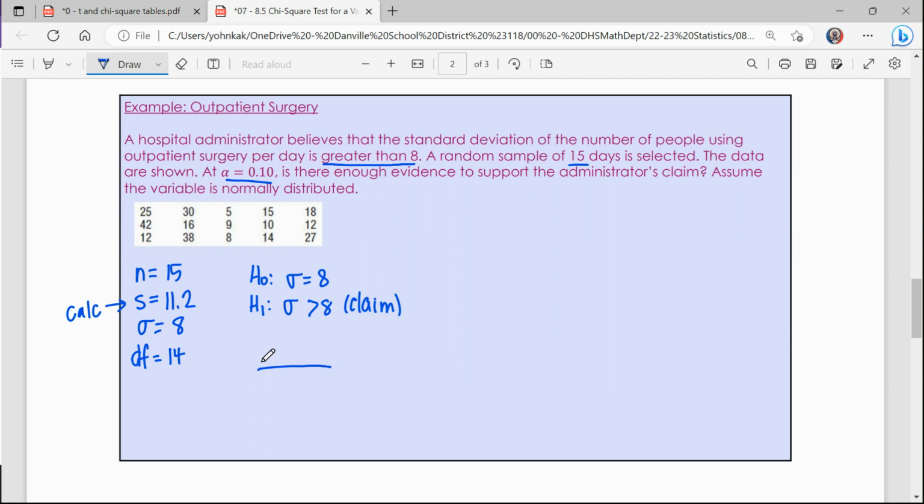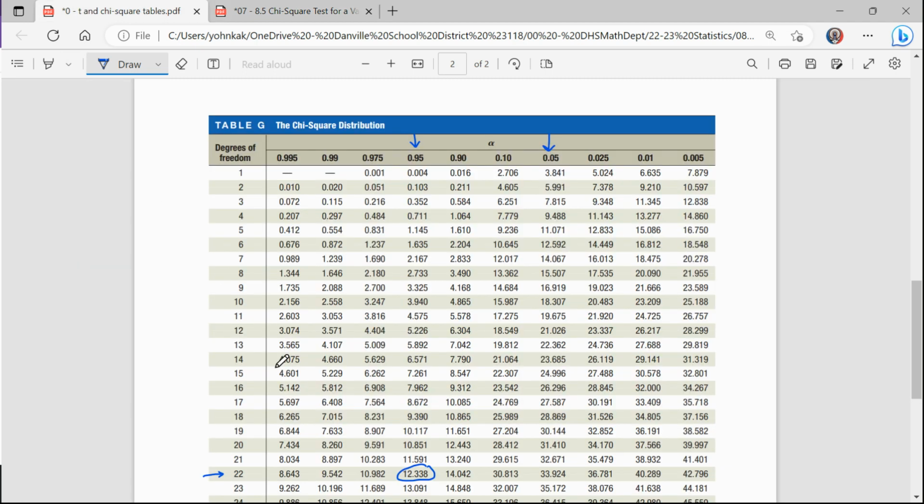So I'm going to draw my graph. I'm going to shade to the right because we're greater than. I'm going to grab my entire alpha, which is 0.10, and then I'm going to find my critical value. I shaded right, so I'm going to pick the critical value on the right. So let's go to my table. Degree of freedom is 14.